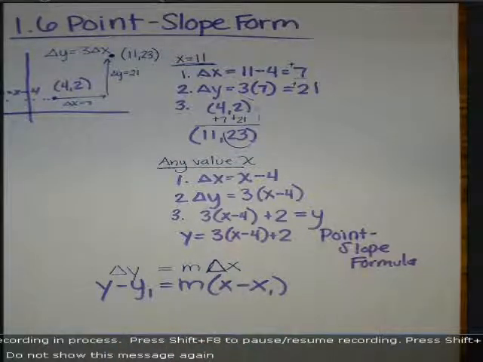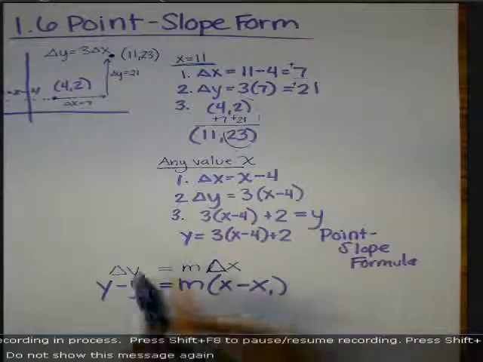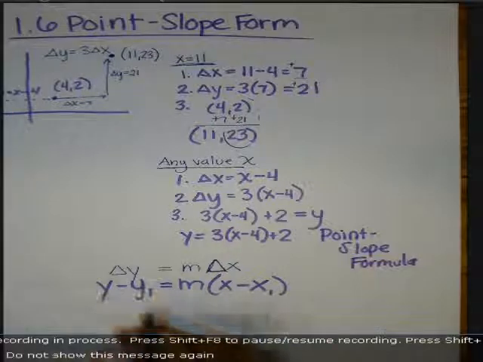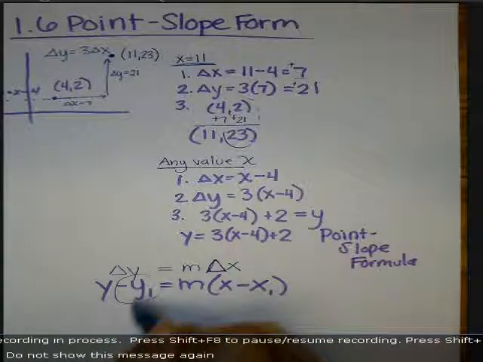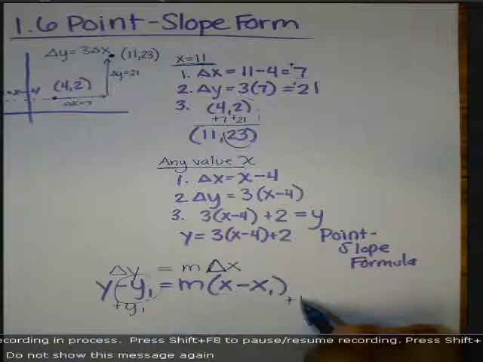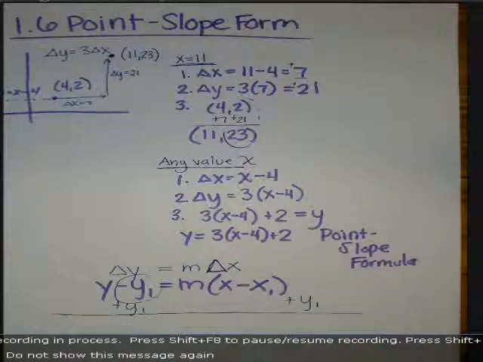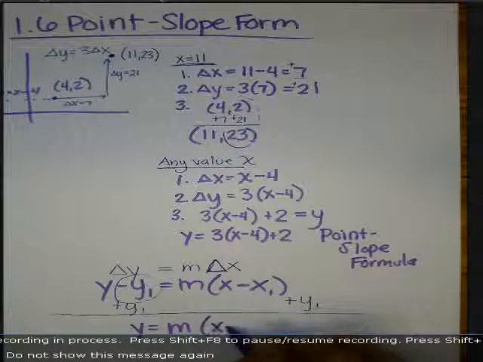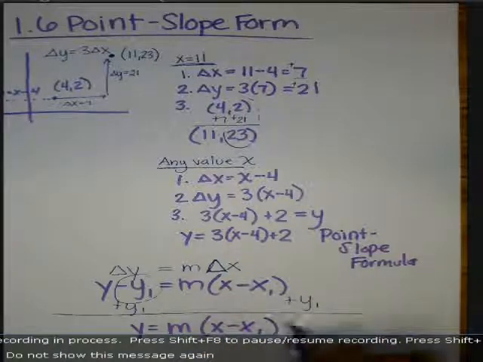In this text, and the notes have us go ahead, instead of always having to plug in and then move the y over, we're just going to go ahead and move the y right from the get-go. So the formula you wrote down was y is equal to m times (x minus x1) plus y1.